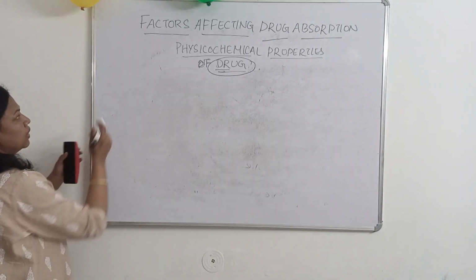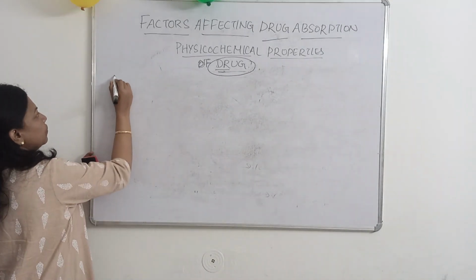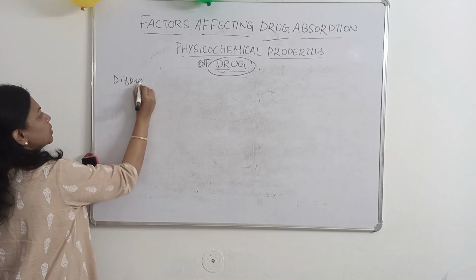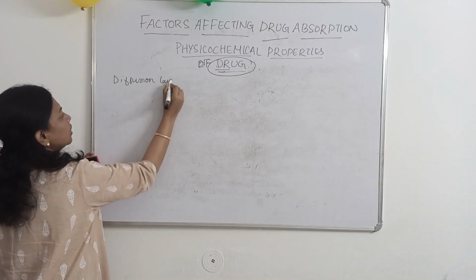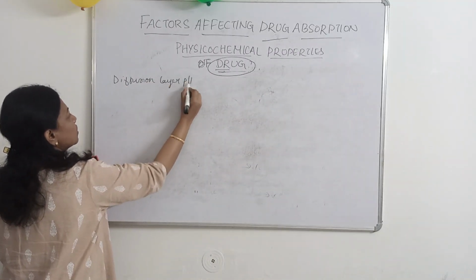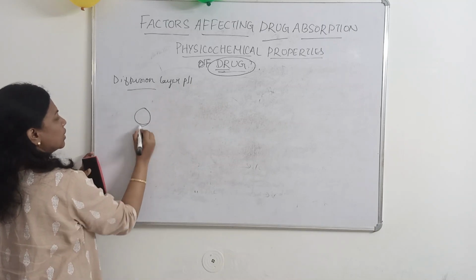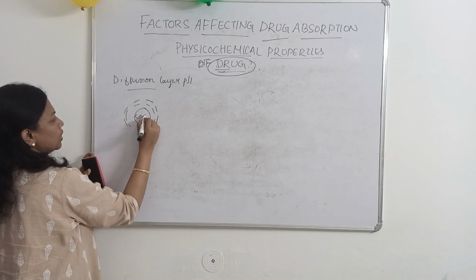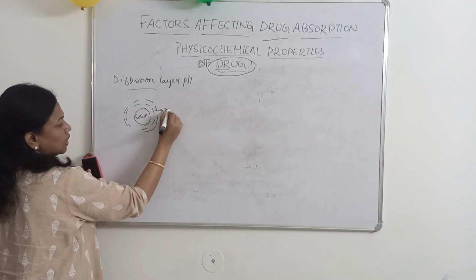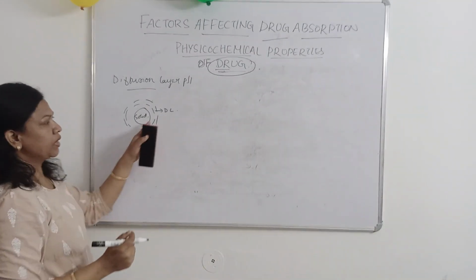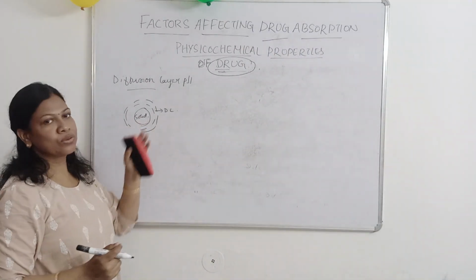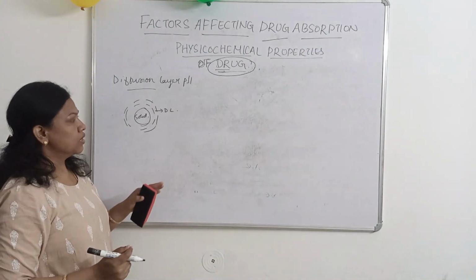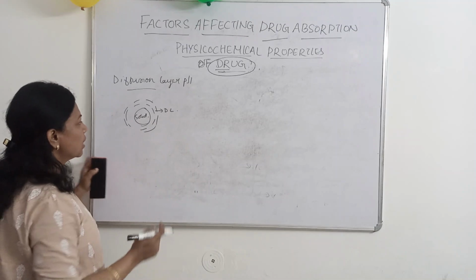Now the next factor which is affecting the drug absorption is diffusion layer pH. We were just discussing the diffusion layer. So what was the diffusion layer? It is the saturated concentration of drug at the solid surface. This is known as the diffusion layer. So what will be the pH of this layer and how is it going to affect the drug dissolution or diffusion through this layer?